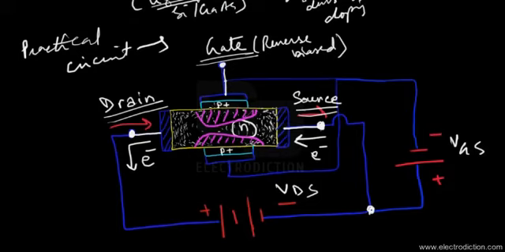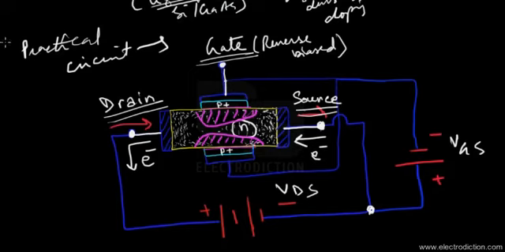The reverse bias also causes a depletion region to form inside the p-type semiconductor material, but it extends very little into the p-type material, as it is highly doped, while the channel is lightly doped, so it extends more inside it.